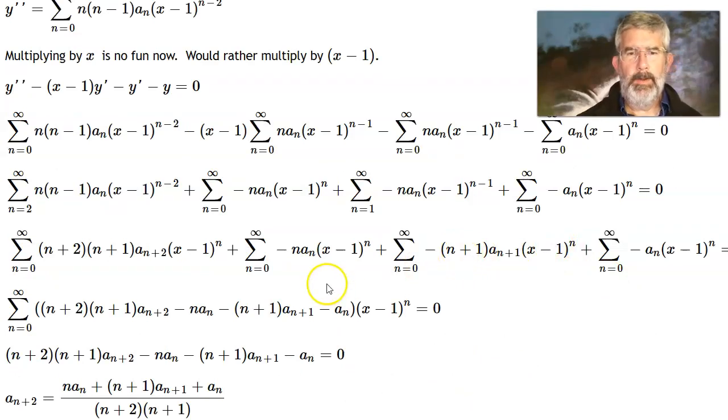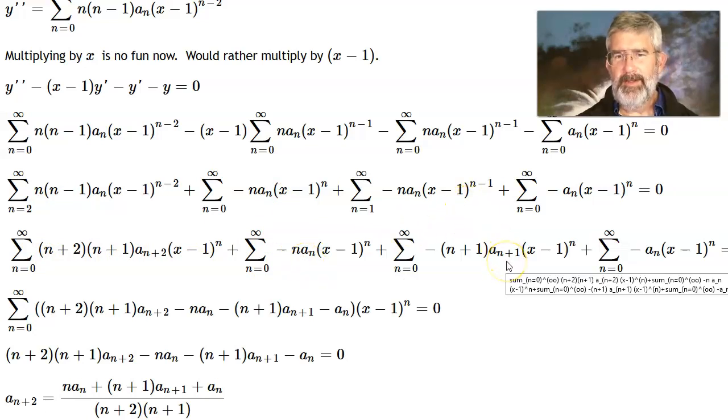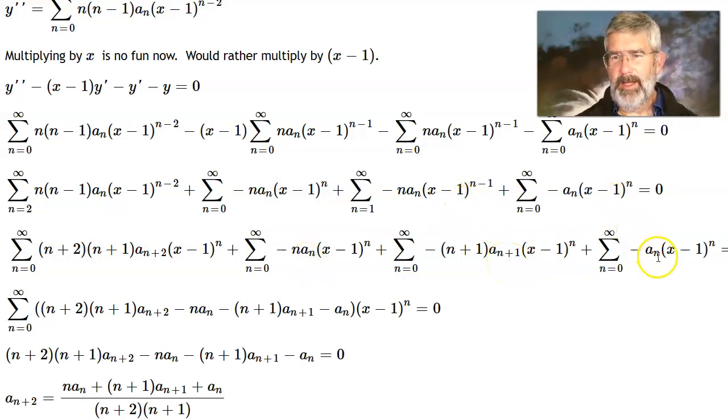All right, now I changed it, but I also changed the font size so that we can see some more stuff. So this one was re-indexed. This one was left alone. This one was re-indexed. And this one was left alone, and it is equal to 0.